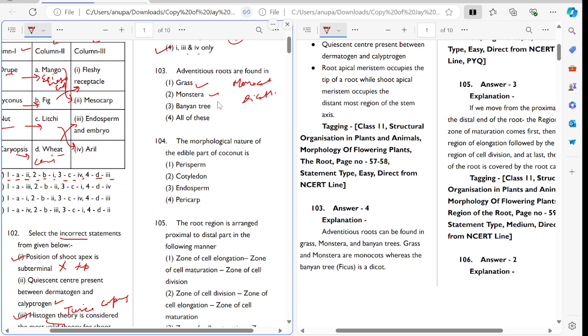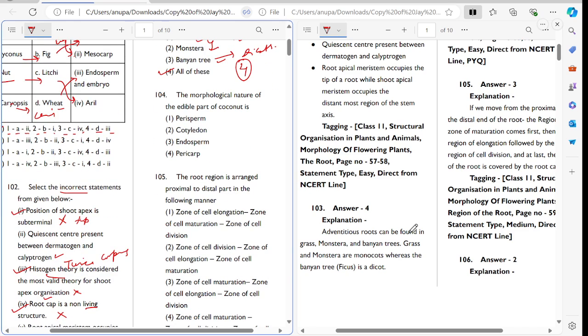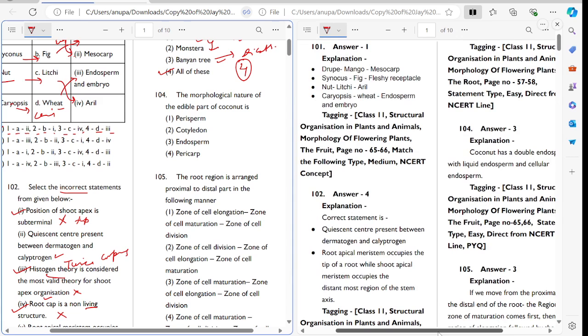Here, grass, monstera, banyan tree, all of these will be answers because it is found in monocots as well as in dicots. So the answer for this question will be option number 4. Now, let's move to the next question, that is question number 104.